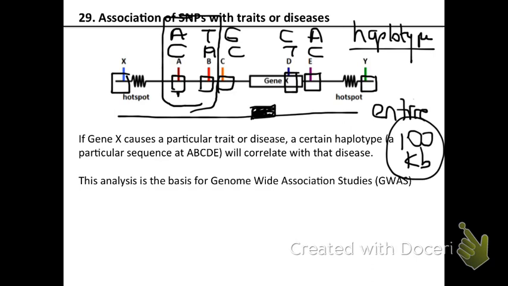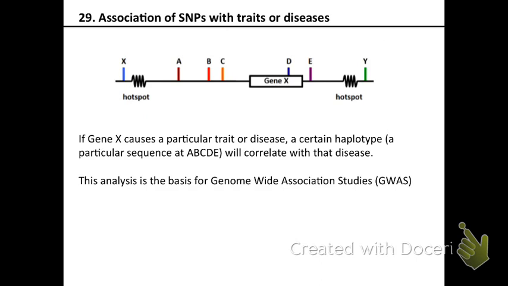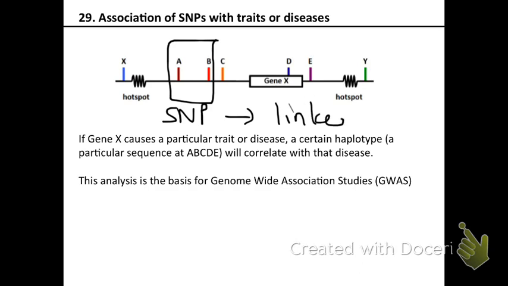But that also means, let's say, in this example, I'm sequencing only these 2 SNPs, right? Because they tell me all the information I'm going to get from the different haplotypes. Then I'm going to be saying, okay, these SNPs are linked to a disease, right?